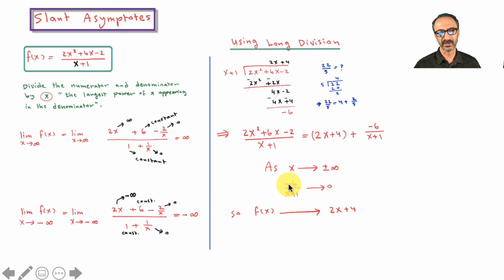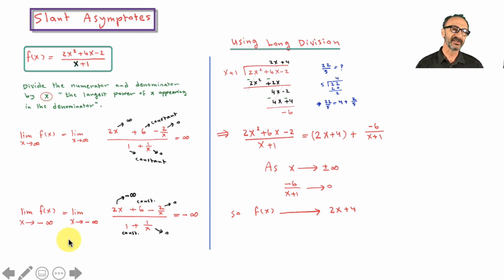So if this goes to 0, as x goes to positive or negative infinity, this is what stays with you only. That's going to go away. Your values, as you go towards infinity, will get closer and closer to 2x plus 4, to a line that has a slope of 2 and a y-intercept of 4.